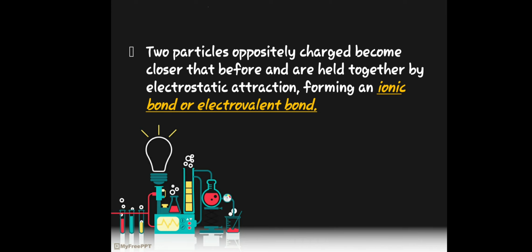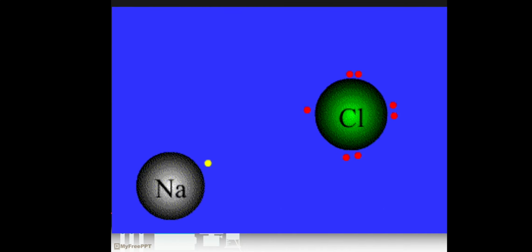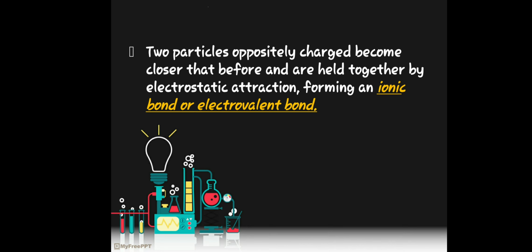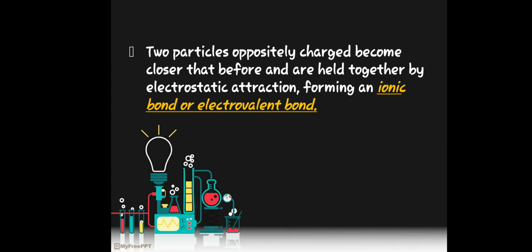Next slide. Two oppositely charged particles become closer than before and are held together by electrostatic attraction. So this is actually named electrostatic attraction. So, it is forming an ionic bond or electrovalent bond. This is a best example for electrostatic attraction or ionic bond or electrovalent bond.